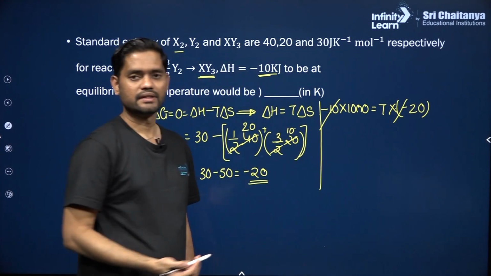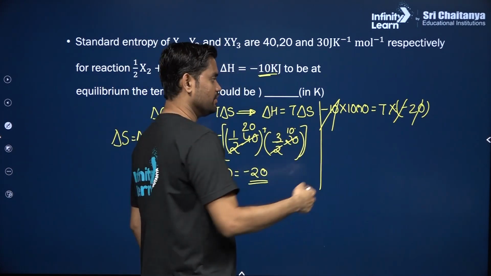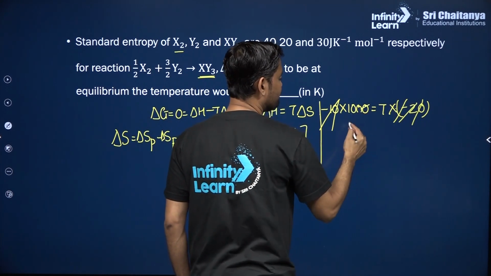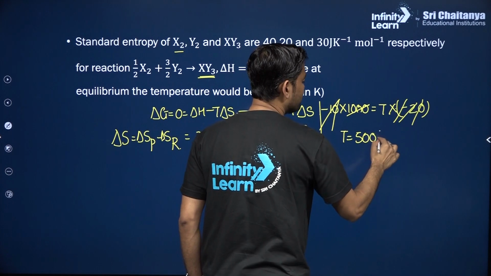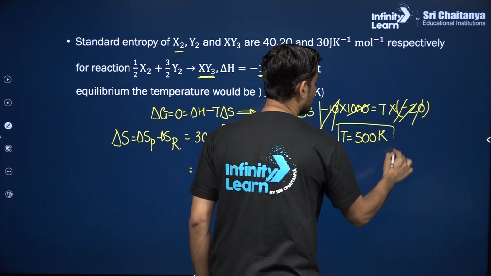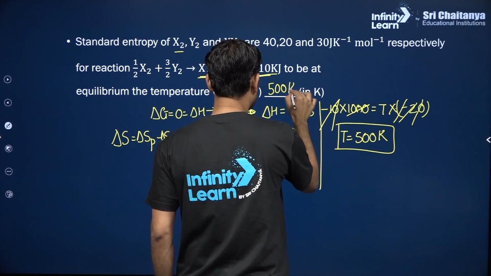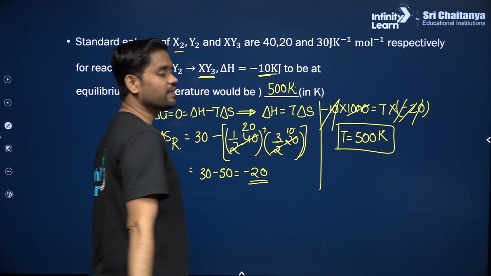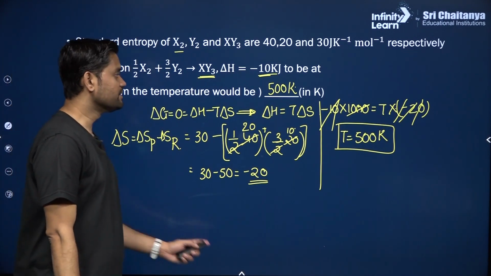This 0 and this 0 will get cancelled. 2 by 1000 is 500. So T is equal to 500 Kelvin. So the answer over here will be 500 Kelvin. Clear? Perfect. So that is the answer over here.